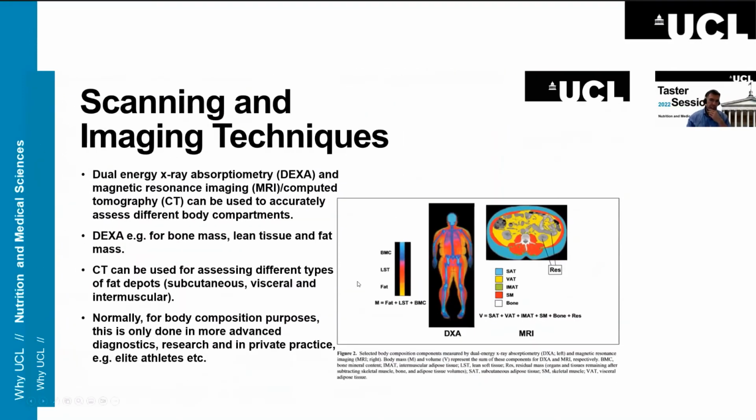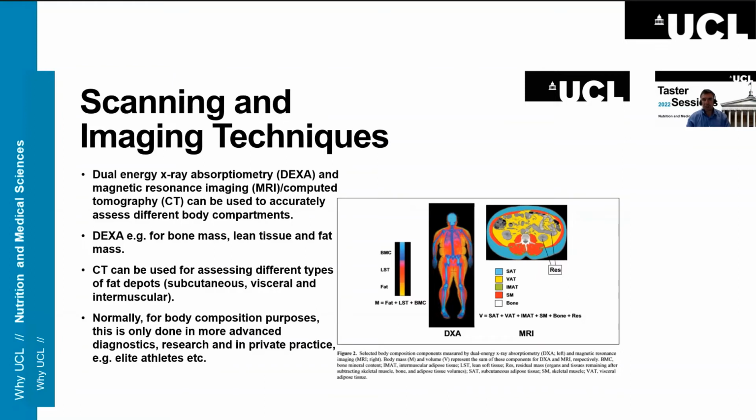There are more advanced techniques that you can do. Typically, these are not done as part of routine practice, but you can do things like DEXA, dual energy X-ray absorptiometry. There's also magnetic resonance imaging and computed tomography. For example, if you've hurt your knee playing football, you might have had an MRI to check for tendon tears.